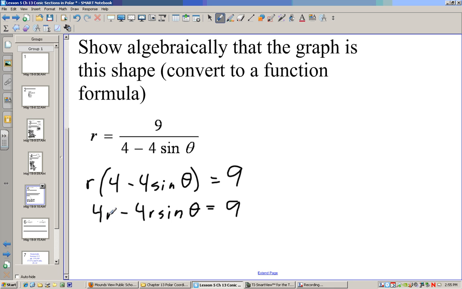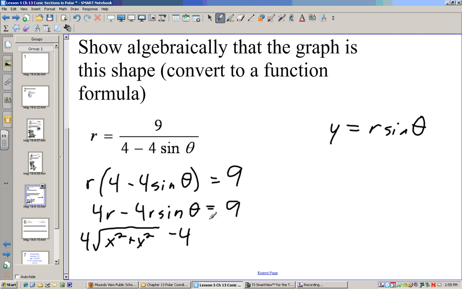So now what we'll do is convert it again. So r is the square root of x squared plus y squared. Now we learned before that y is equal to r sine of theta, so this is the equation we'll use here. And it would be minus 4y is equal to 9.